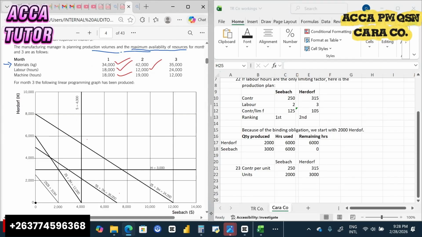S is less than or equal to 4,000. This one shows the demand, right? And this one again is for the demand for head-offs, which is 3,000.